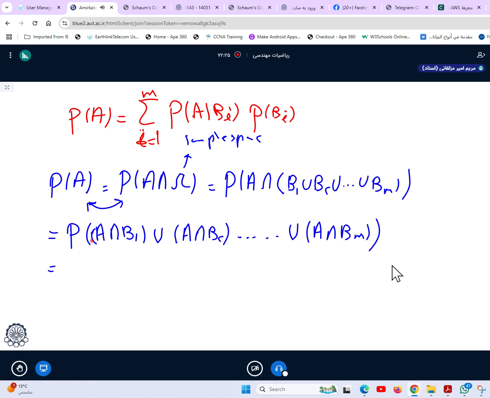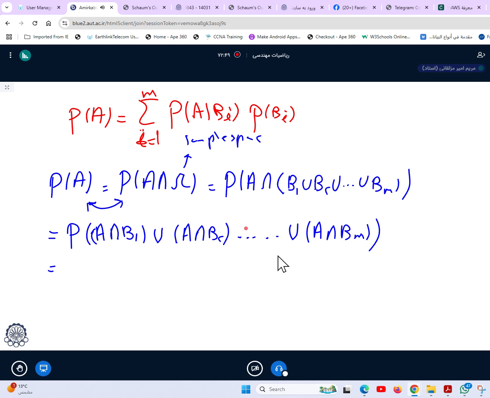Okay. From the rules of set, we have this equation. A intersection with union of B1 to Bm is equal to union of A intersection with B1, A intersection with B2, to A intersection with Bm. It's from the rule of sets.